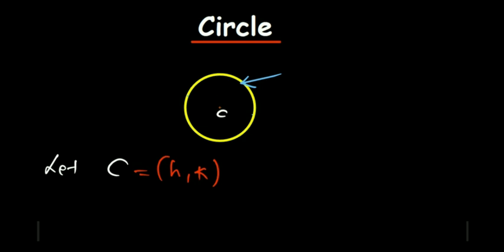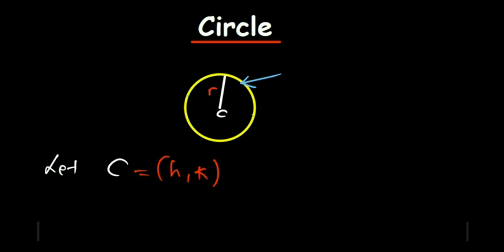If I draw any line from any point on the circumference to the center, it is of equal distance, so we'll call that r, which is the radius.